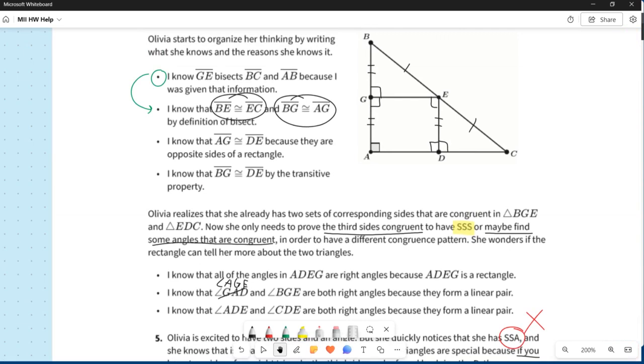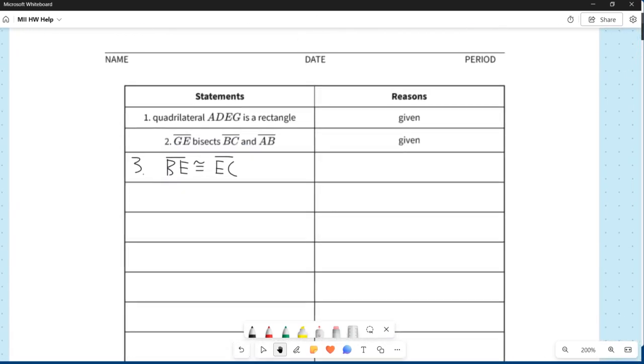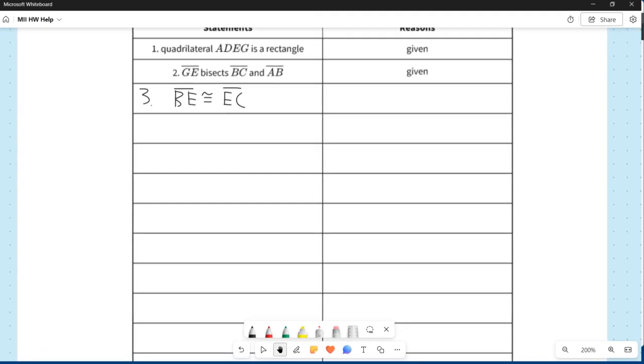It's right there. It's this statement that's already in the description. But the idea here is that we have to include it in our proof. We have to say that BE is congruent to EC, just like in Olivia's notes. Now we are working it into our formal proof here.